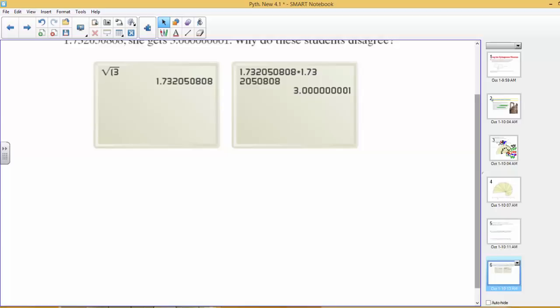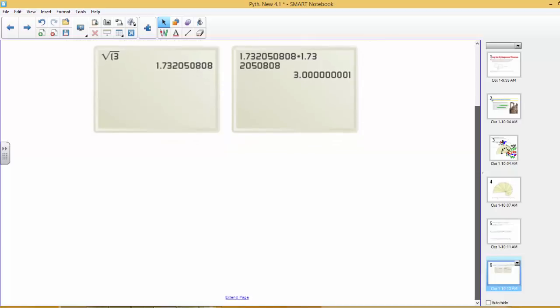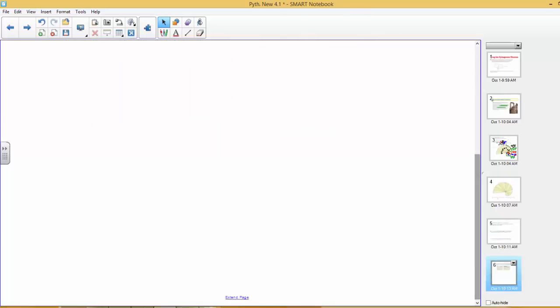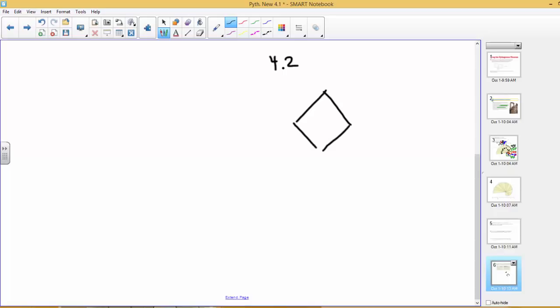Okay, so I'm just going to draw it. So in 4.2, you have this lovely baseball diamond, and each side is 90 feet.